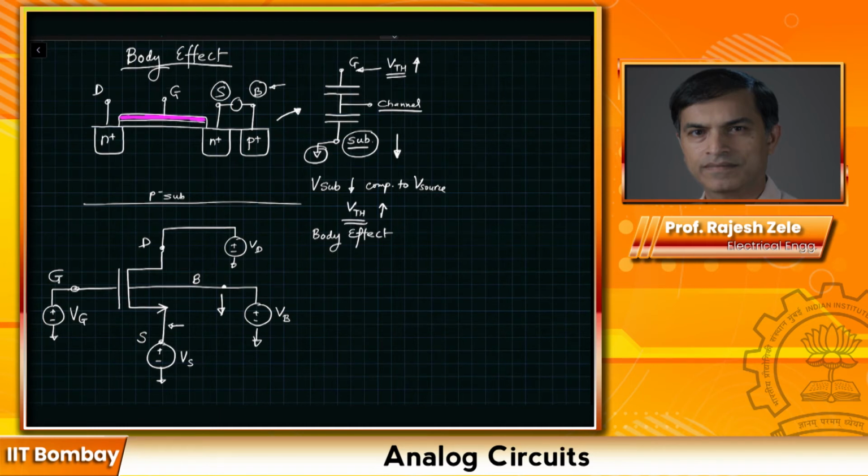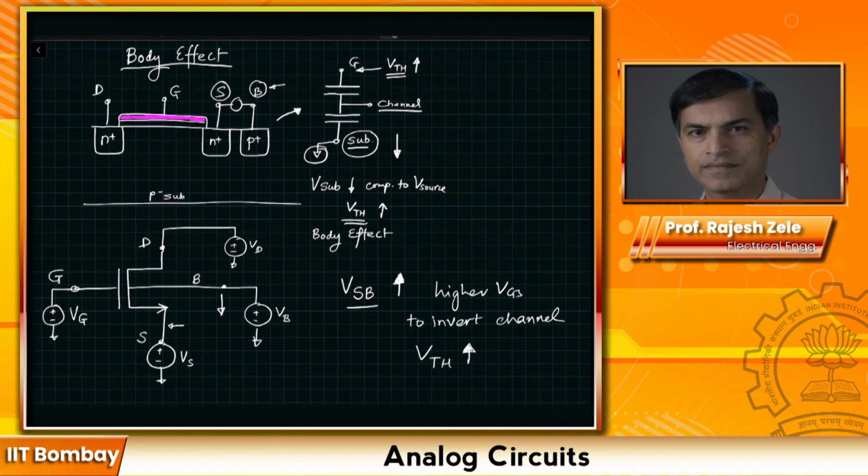In other words, we can say if VSB is increased, then a higher VGS is required to invert the channel. And this is telling you that the threshold voltage of the device has gone up because of this effect.